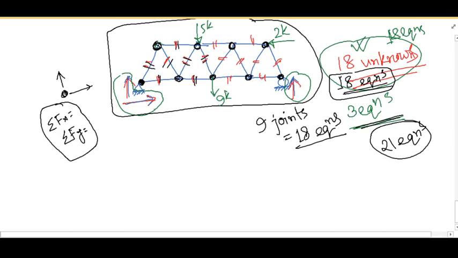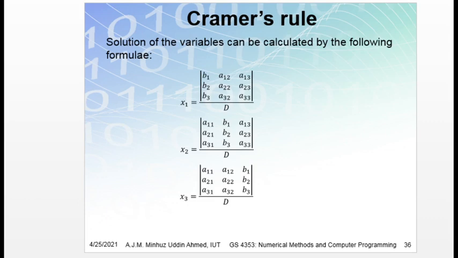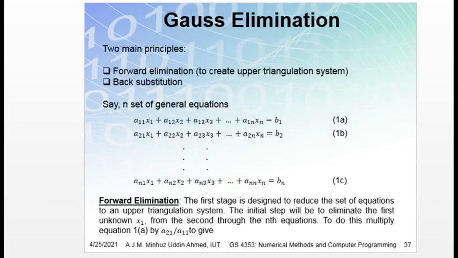That's why we are moving towards a new technique, called the Gauss elimination technique. Here the two main principles are forward elimination and back substitution. Using these two principles, we will perform Gauss elimination to solve a system of linear equations.